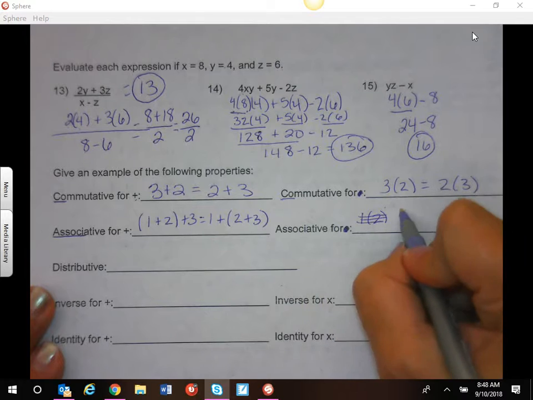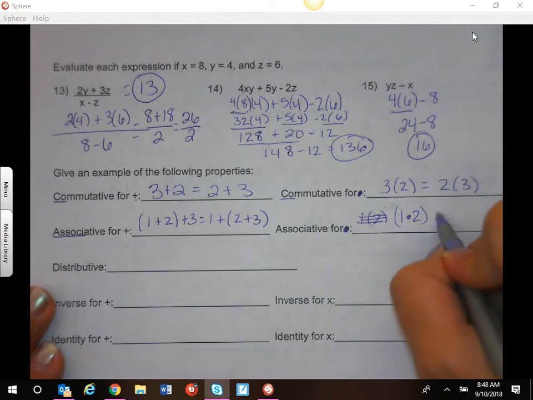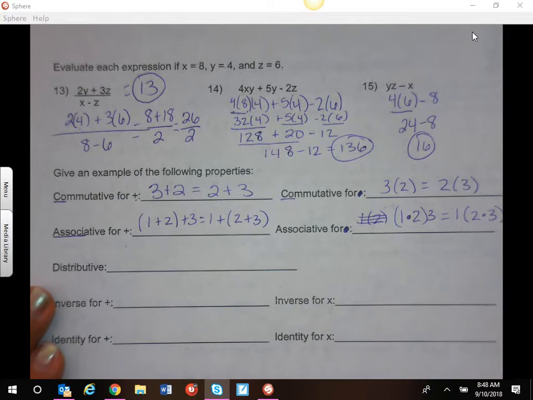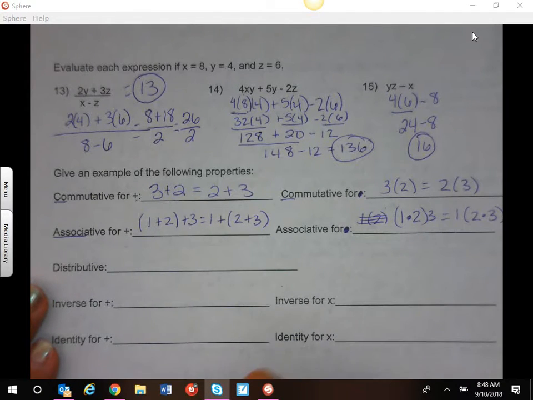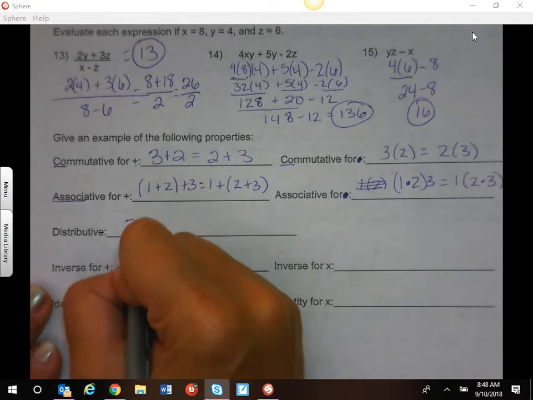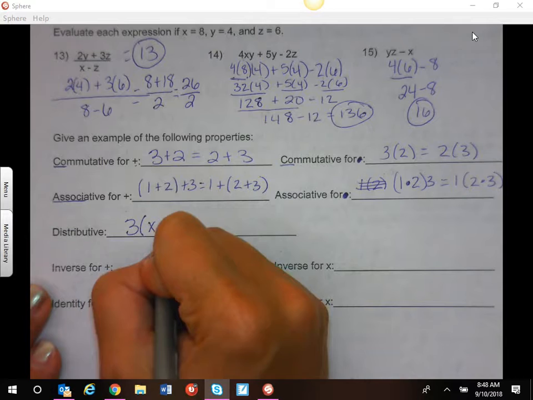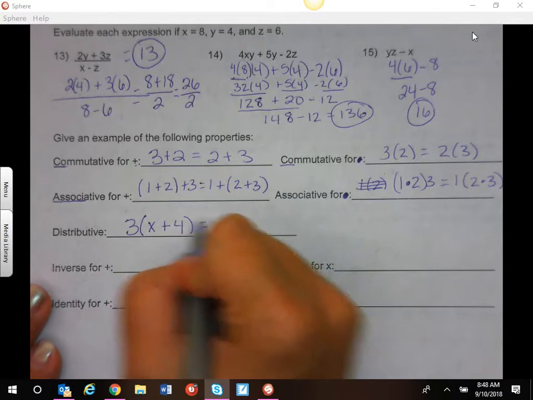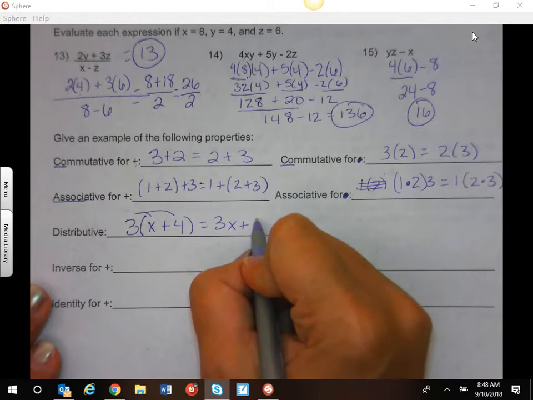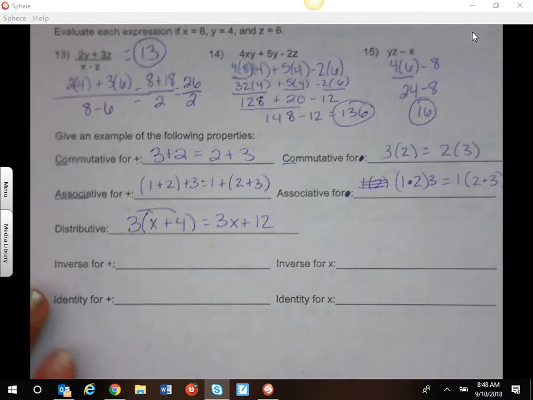Let me just do it with a dot. 1 times 2 in parentheses times 3. And then maybe you have 2 times 3 in the parentheses. The distributive, remember, that's when we share. We're multiplying 3. So maybe we have 3 parentheses x plus 4. And we said 3 times x, and 3 times 4 is 12.